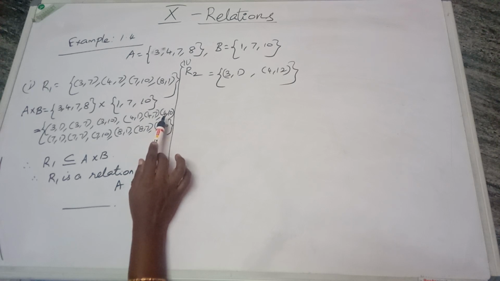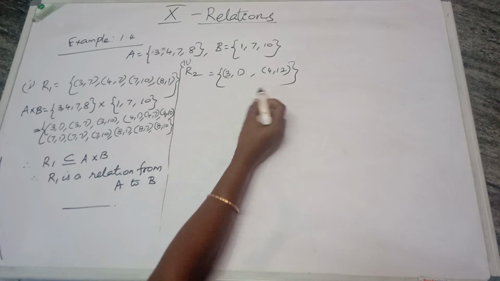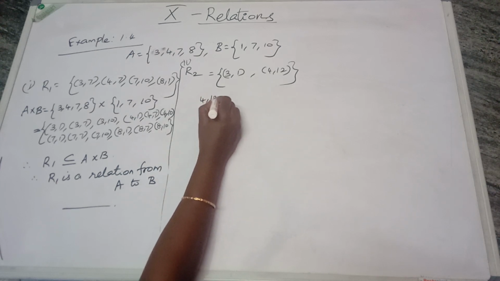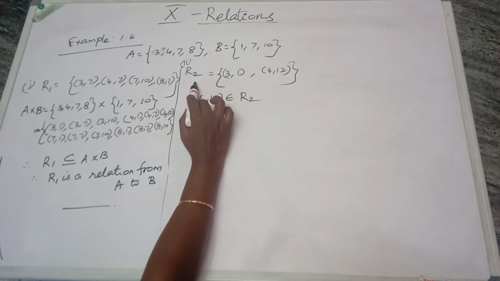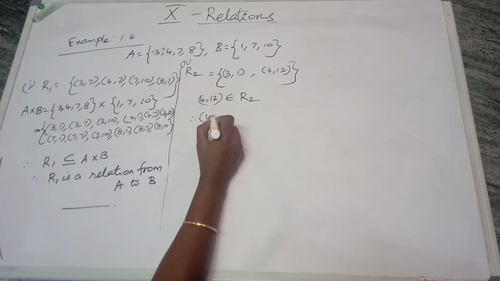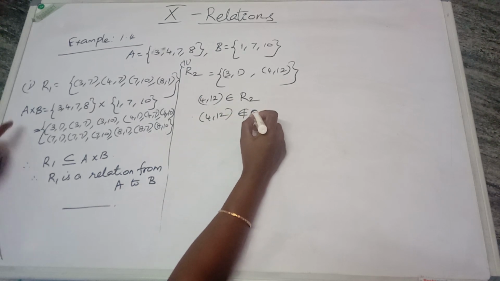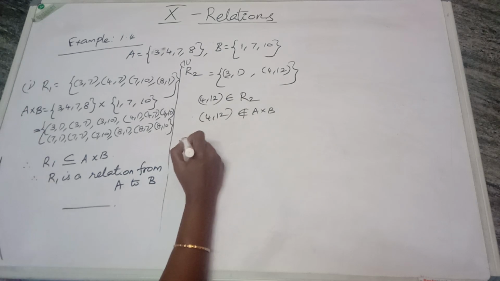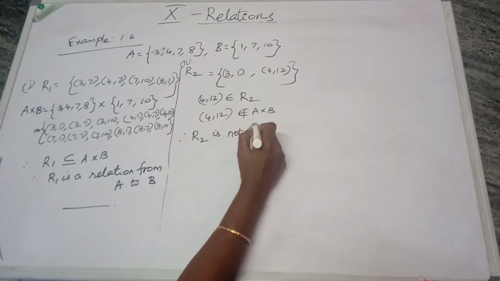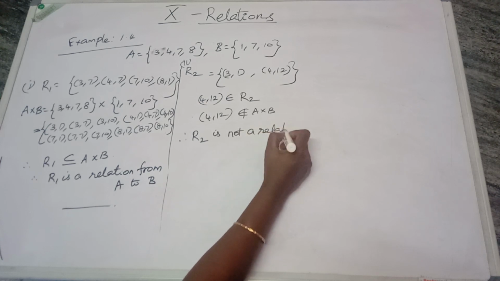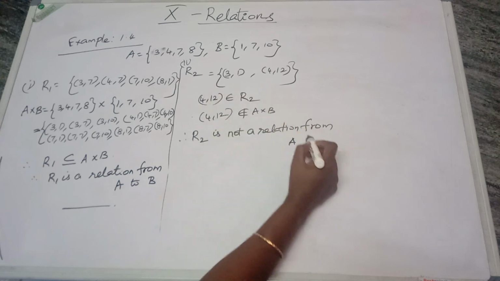So this R2 is not a relation from A to B because 3, 1 is in R2 and is in the relation, but 4, 12 is not in A cross B. Therefore, the set R2 is not a relation from A to B.